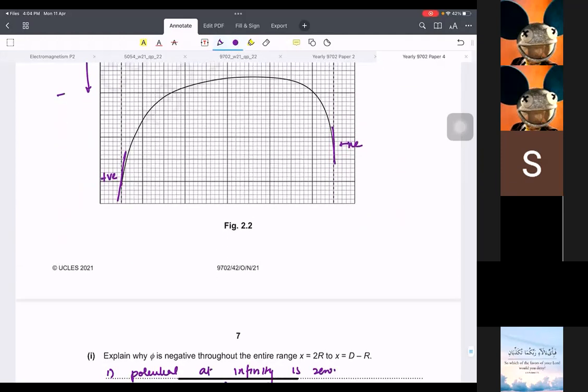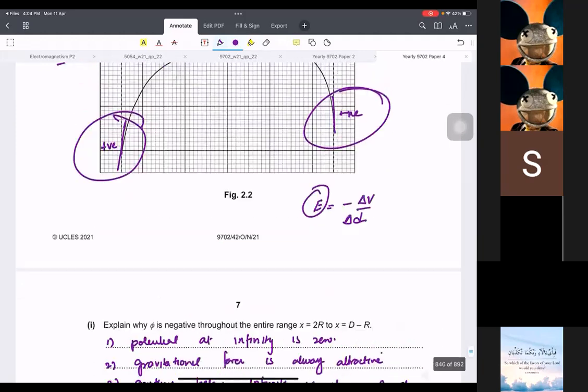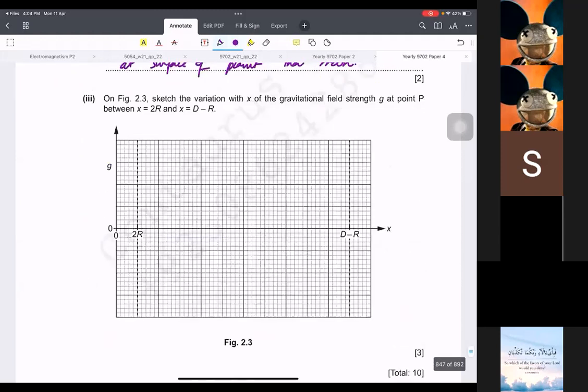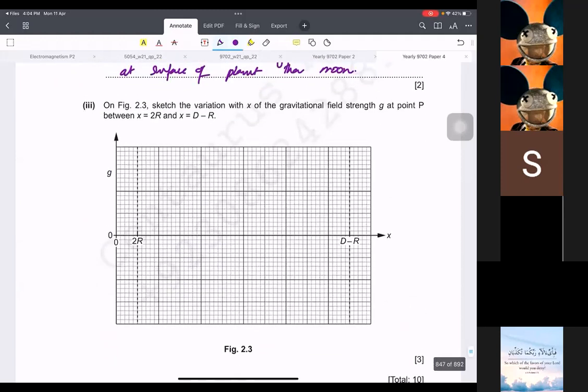So when you say field strength is negative potential gradient, it means this value should be negative in its graph, and this will be positive. So at 2r, it will be negative with a smaller value.